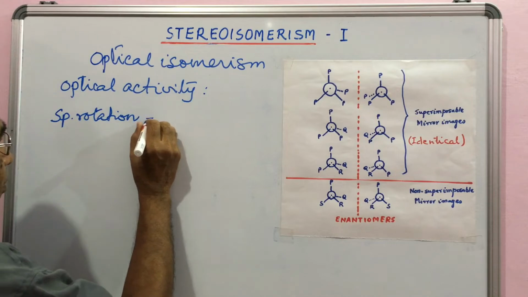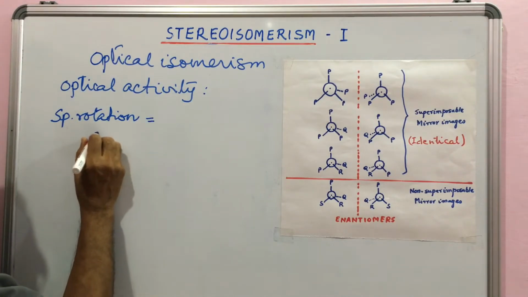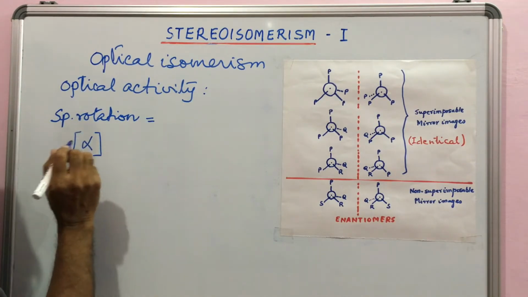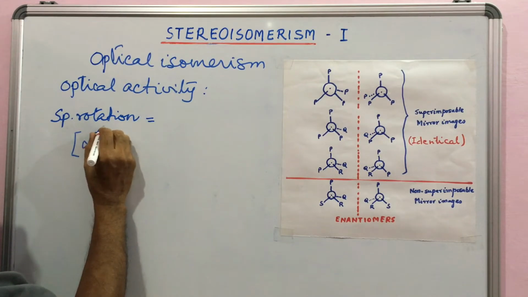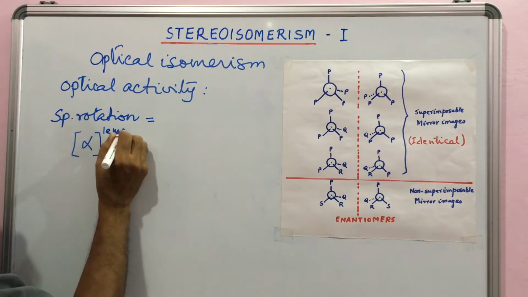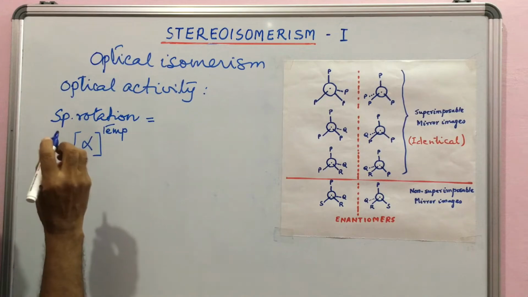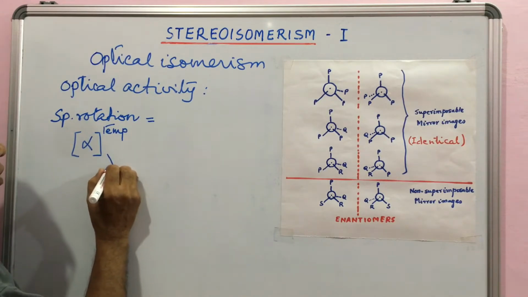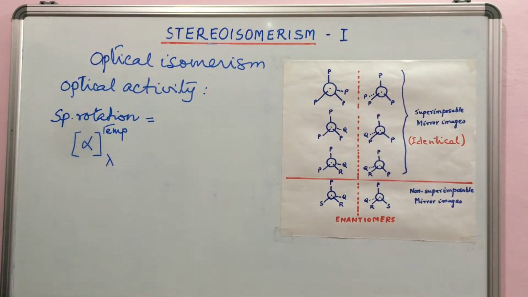It is denoted by alpha. This is also temperature dependent, that is, the temperature at which you have taken the values, and the wavelength of the light that you have used.